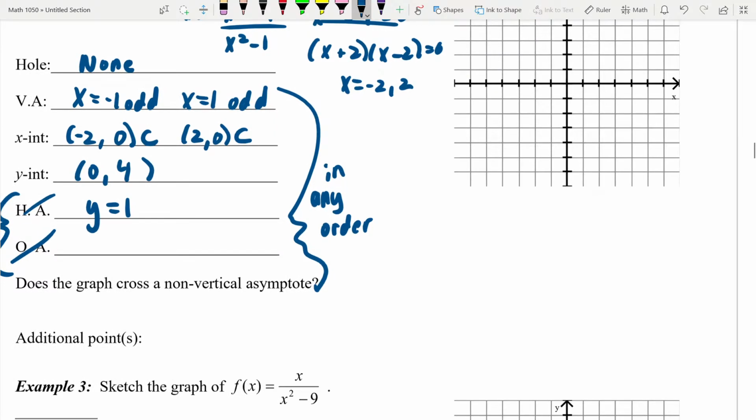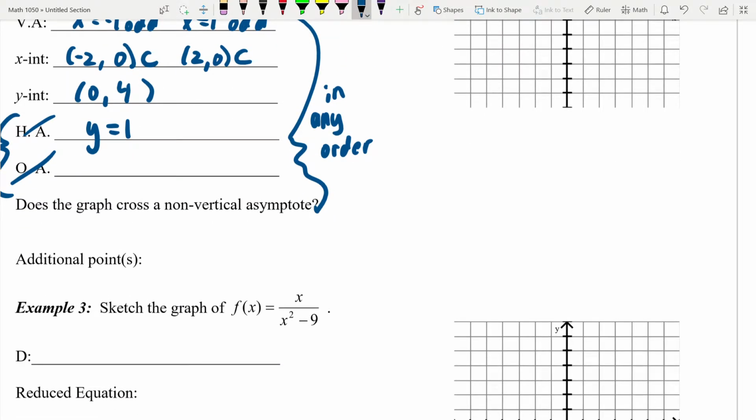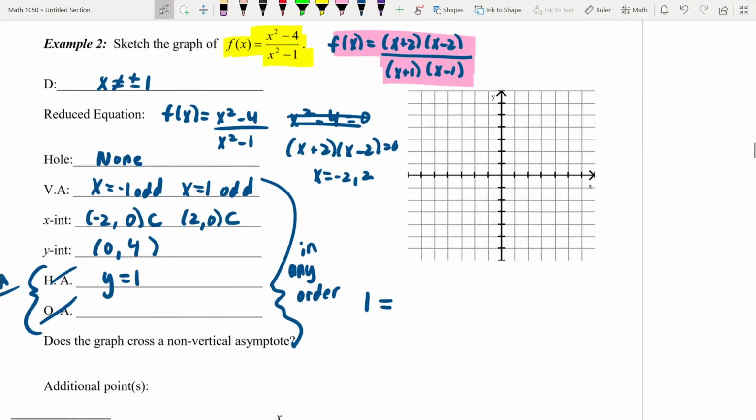Does it cross a non-vertical? Here we go. This is new. Take the right-hand side of the non-vertical. That's a 1. Set it equal to the right-hand side of the reduced. Listen for a second. I could write yellow. I could write pink. My next step would then be to cross multiply.